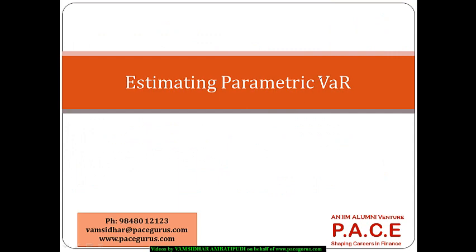Now let's look at understanding the parametric value at risk. The word parametric is always associated with a particular statistical distribution. In a non-parametric way of computing the value at risk, it doesn't matter what the distribution of the underlying data is.